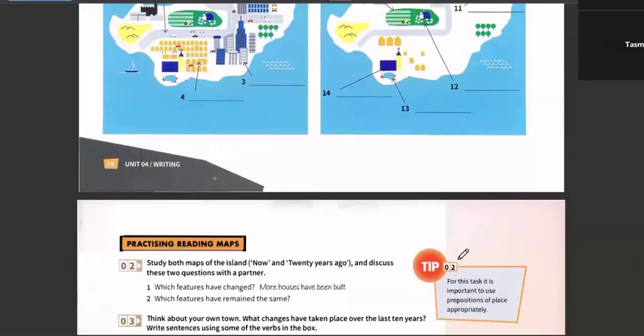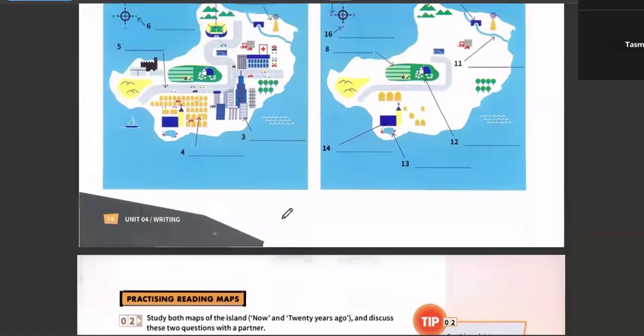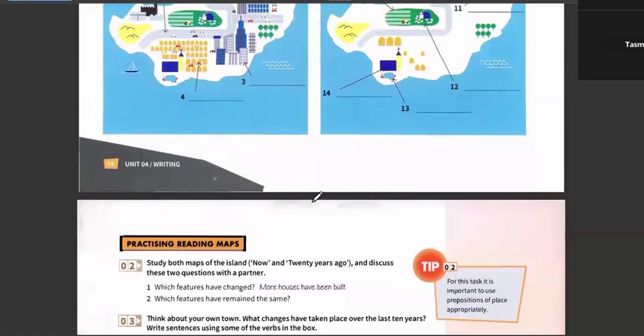Before that, let's look at the second tip given here. For this task, it is important to use prepositions of place appropriately. So we all know what prepositions are, right? Prepositions are the words that are used to make others understand about the placement or the position of a noun.